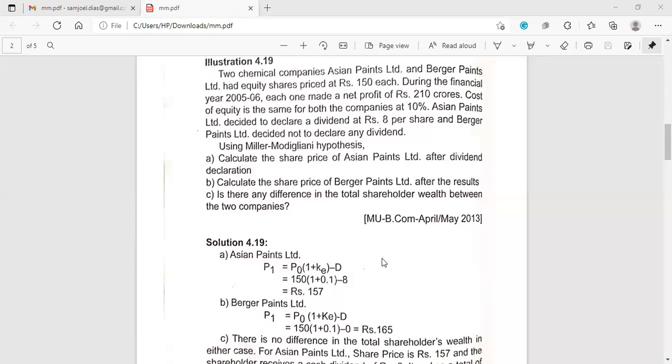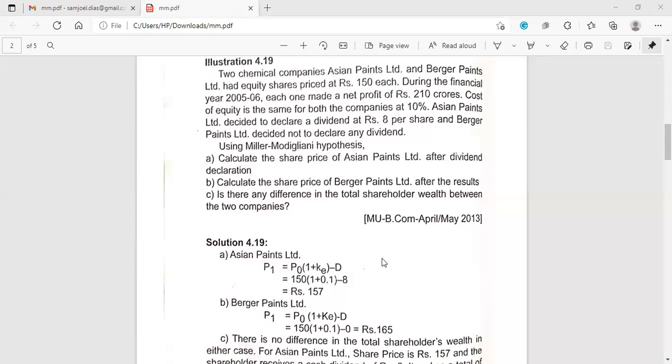Now, what is D? Here D stands for the rate of dividend. So it is 0 for Berger, because they are not declaring any dividend. But for Asian Paints, it is rupees 8. Now for Asian Paints, let us put all the information: 150 into 1 plus 0.1 minus 8, that comes to rupees 157.